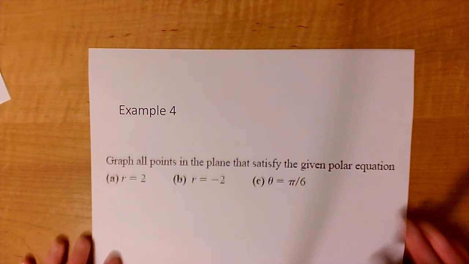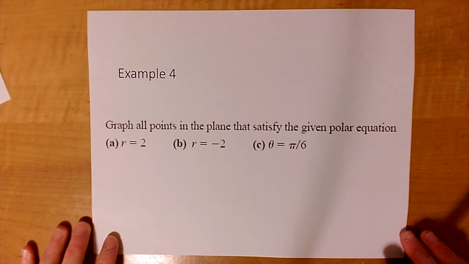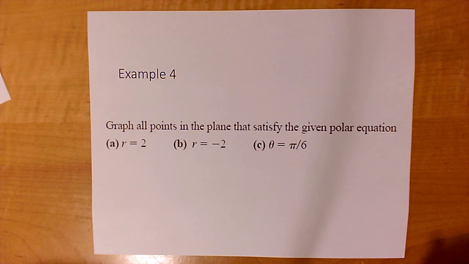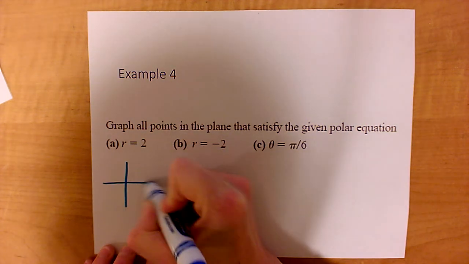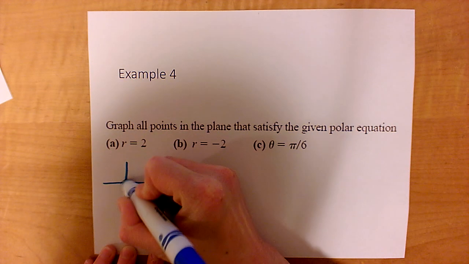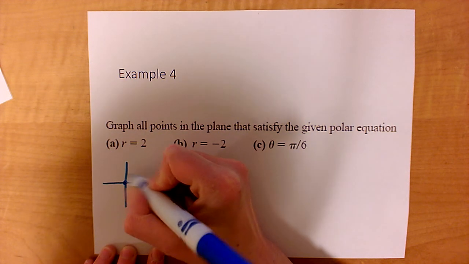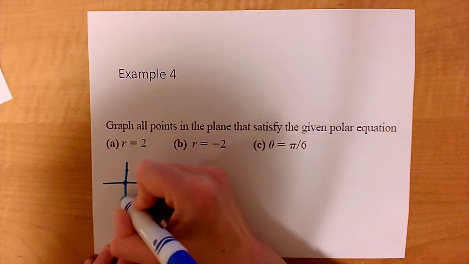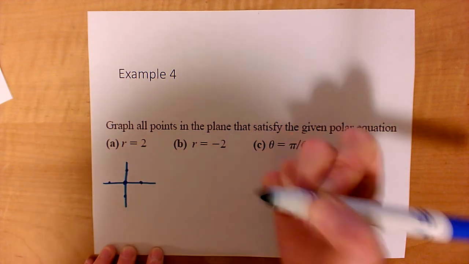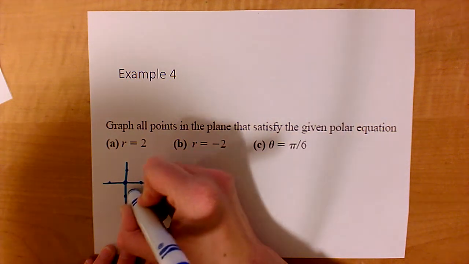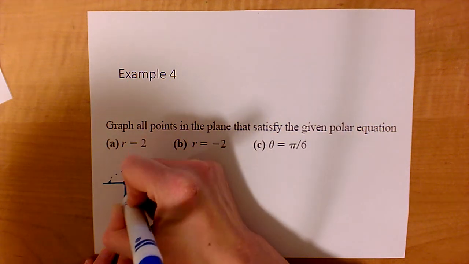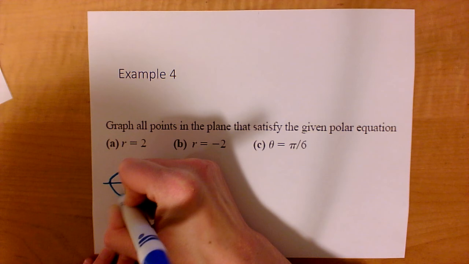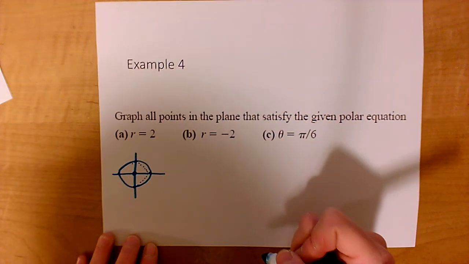Alright, so in example 4, what you have to do is graph all of the points that satisfy these equations. Okay, so if you have all the points that have a radius of 2 away from the origin, right? So if the origin is here, and we have all these points that have a radius of 2, well, the obvious ones are the ones that are on the axis, and then you can fill in there, and you can see that all these points end up making a circle with radius 2.